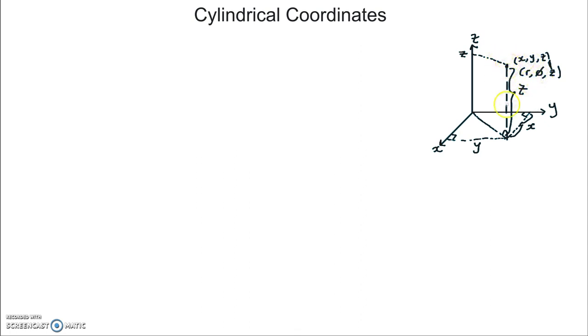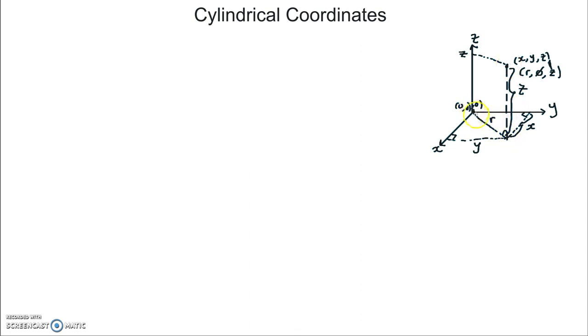So if we take the point projected down onto the xy plane, the distance from the origin, this is our origin, coordinates 0, 0, and 0. So the distance from the origin to the projection of the point on the xy plane, this line here is what we call r.